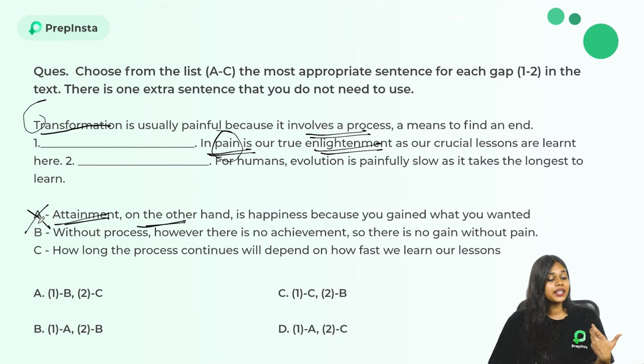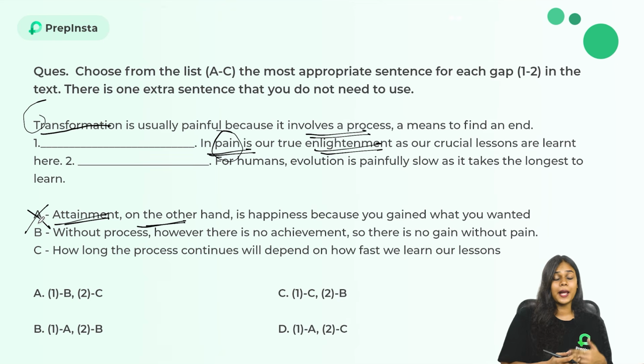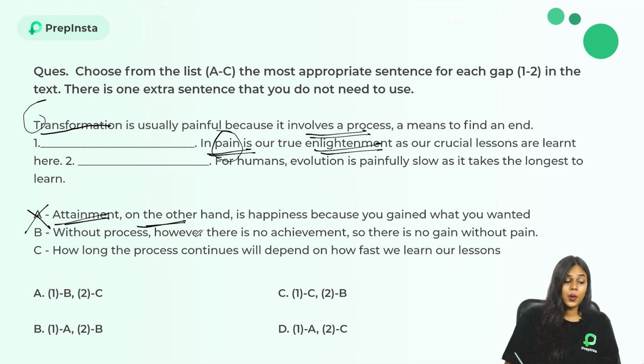Either it can be C or B, or it can be B and C. Let's see. Without process, however, there is no achievement. So there is no gain without pain. Sentence B talks about the process that has been mentioned before, and then it introduces there is no gain without pain.